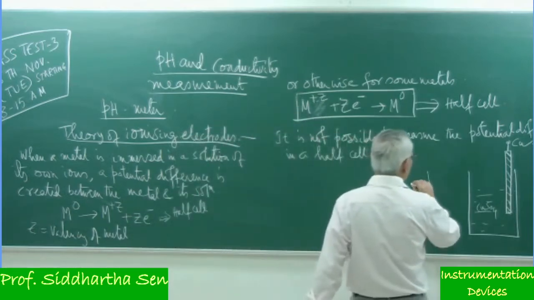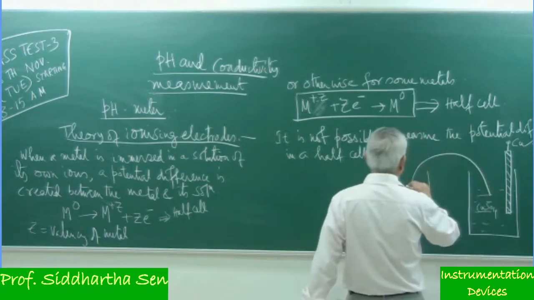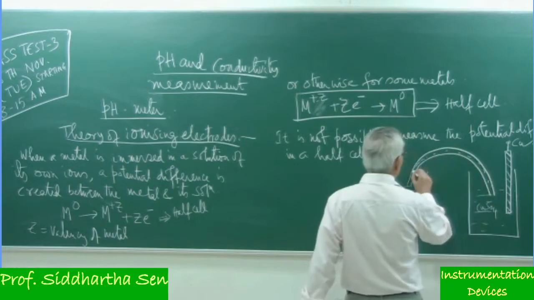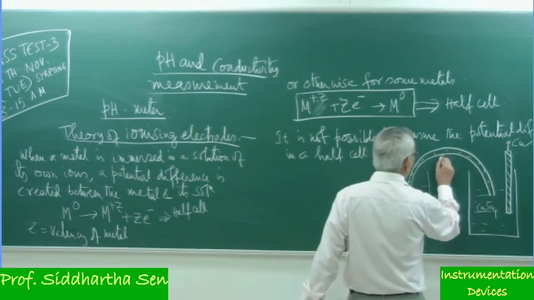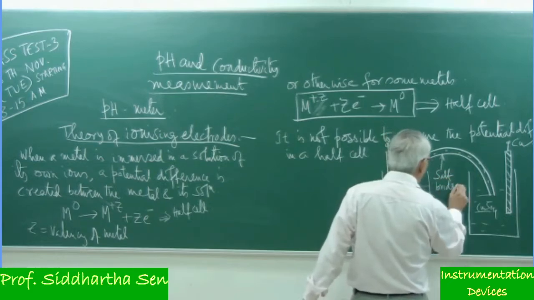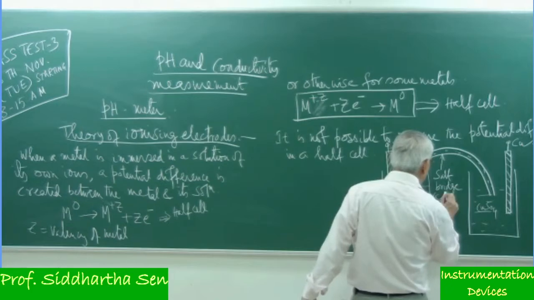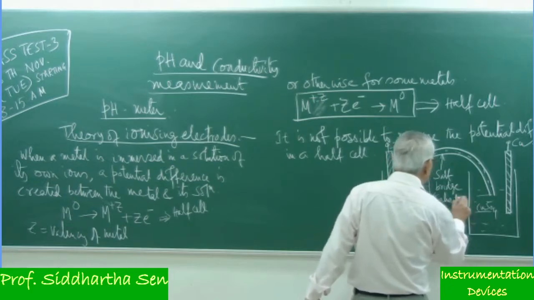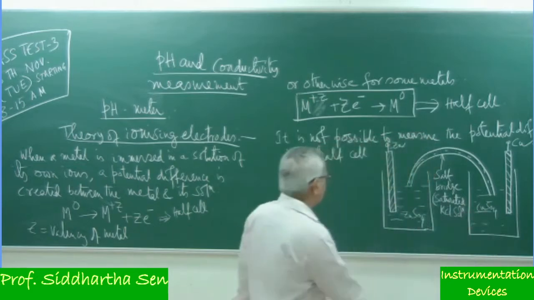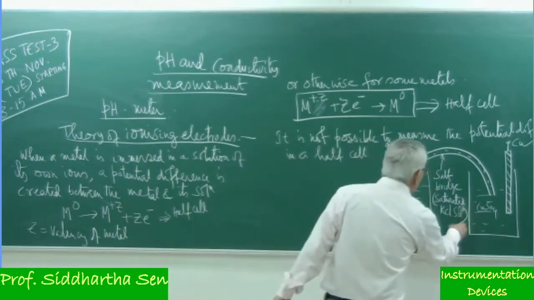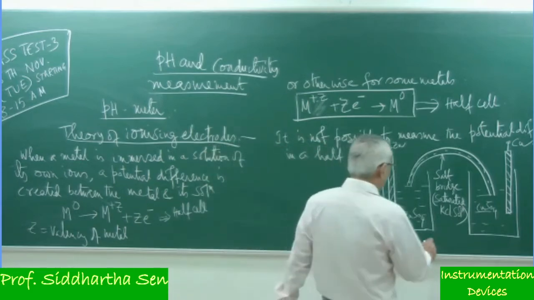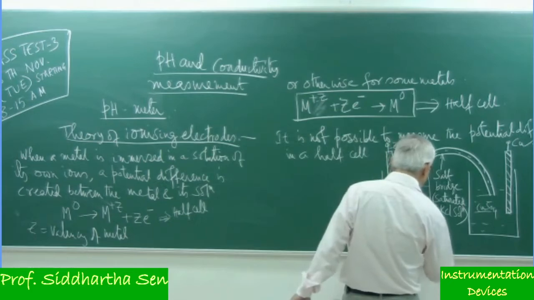And we connect them electrically by using what we call a salt bridge, which is nothing but a saturated solution of KCl. So these are the two half cells combined together to make a full cell.